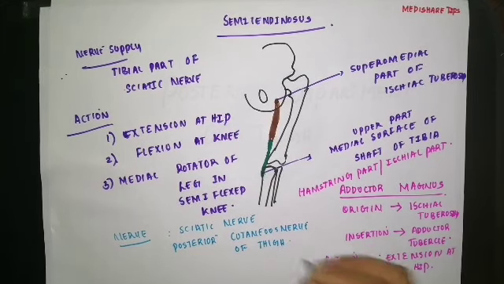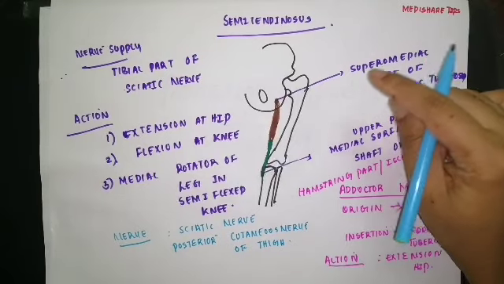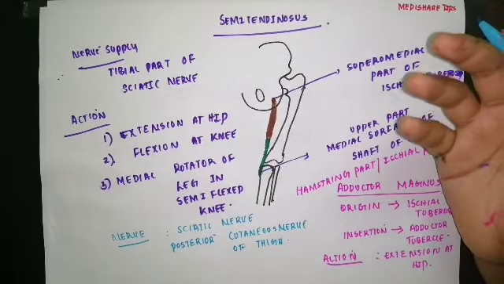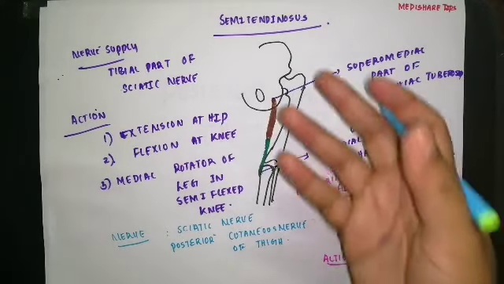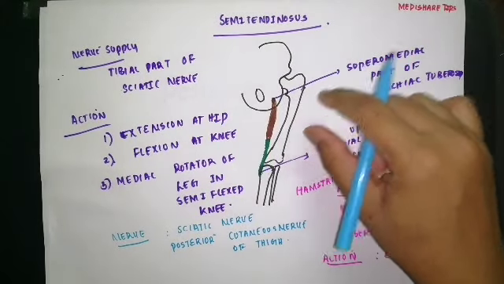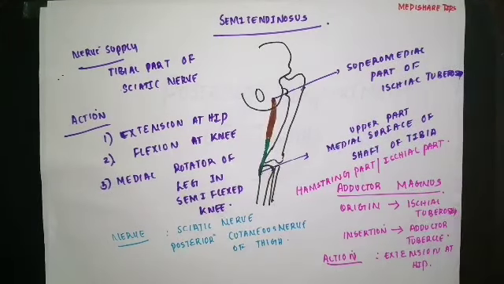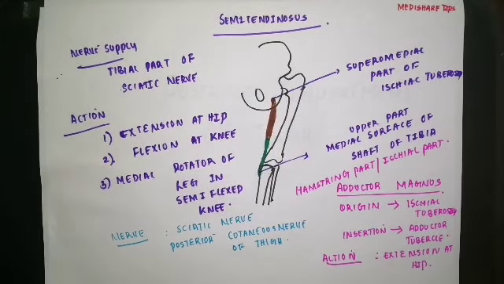There is no major artery in the posterior compartment of the thigh. The hamstring muscles are supplied by the perforating branches of the profunda femoris artery.